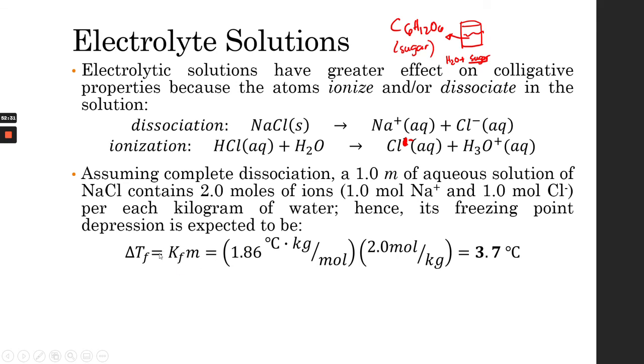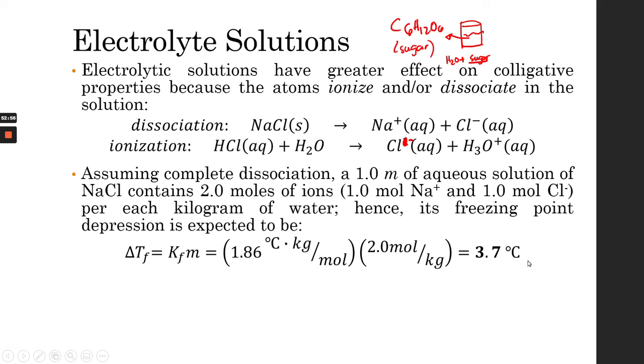So yung Kf ng water is 1.86 degrees Celsius per molal. So ang molal is equals to moles per kilogram. I just changed it to moles per kilogram, and 2 moles of ions per kilogram of water. And yung delta Tf mo is equals to 3.7 degrees Celsius.